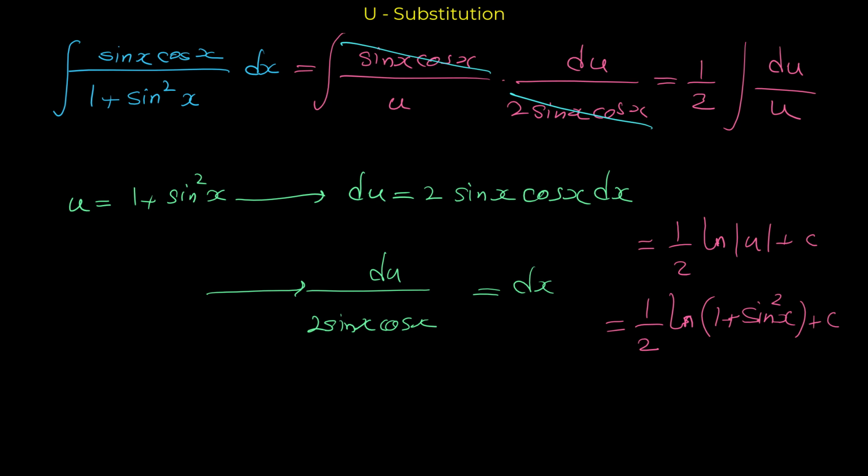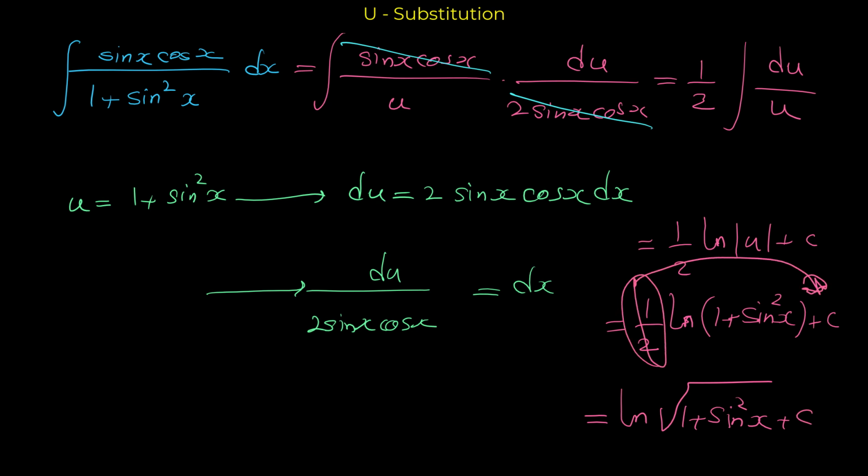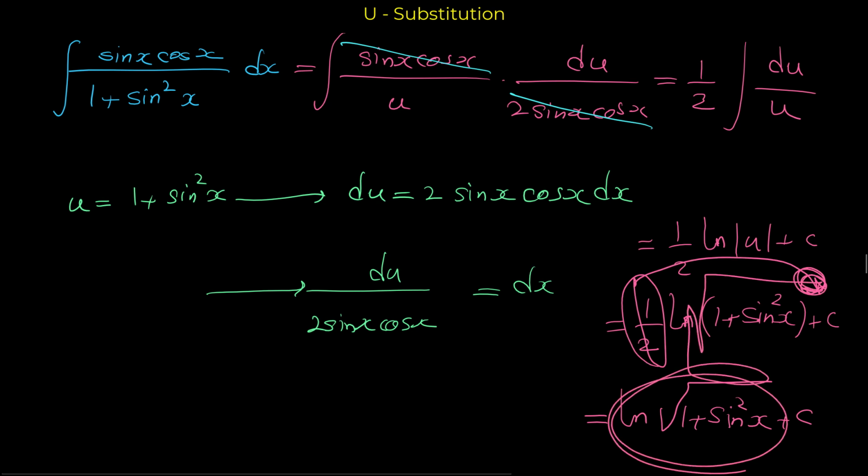But it's completely fine to put absolute value in your answer. And if you like, you can write this final answer in this form as well. Sometimes in some textbooks they write the answer in this form. This is completely the same. What happened? We move this 1/2 to the exponent, and when we have power 1/2 it's the same as a radical, so it becomes like this.